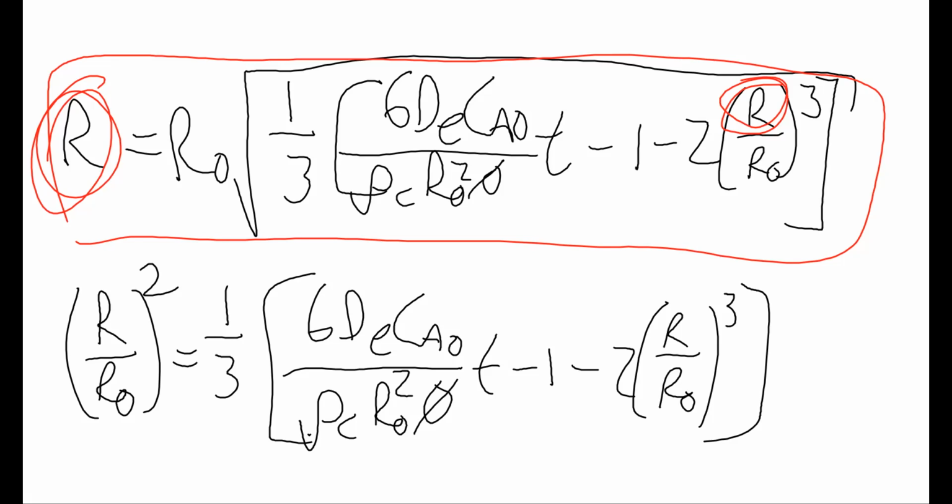Phi is 0.5, it's non-dimensional. dE, 9.5 times 10 to the negative fourth centimeters squared per second. Ca0, 1.4 times 10 to the negative fifth moles per centimeter cubed. All right, so those are all of our constants.